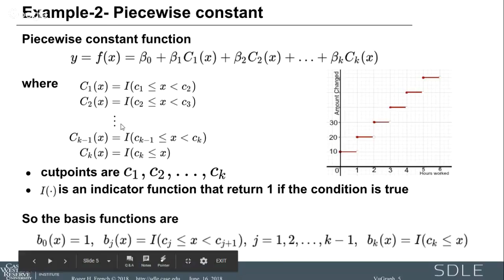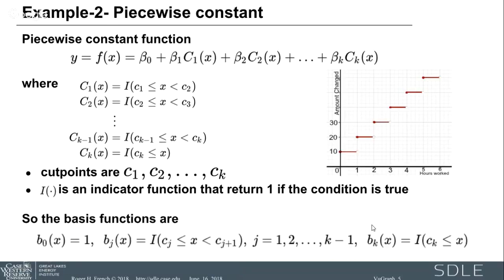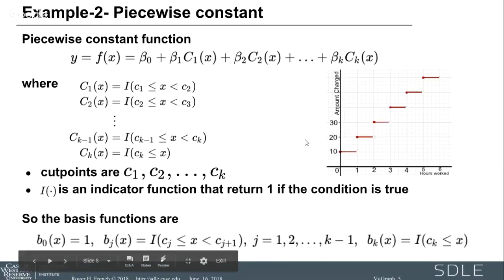Then we can represent this equation with basis functions, where b0 is the same, equal to 1, and bj will be the indicator functions up to bK.